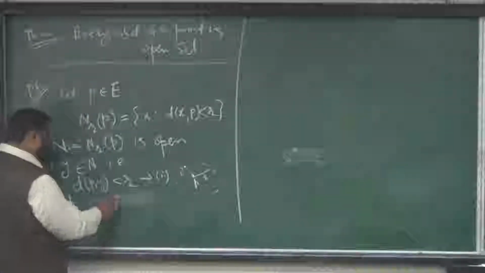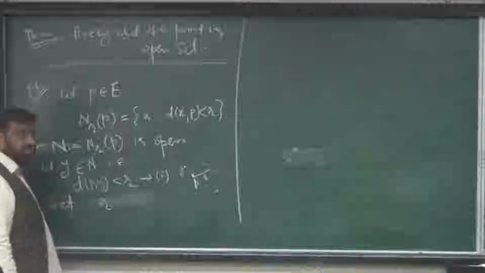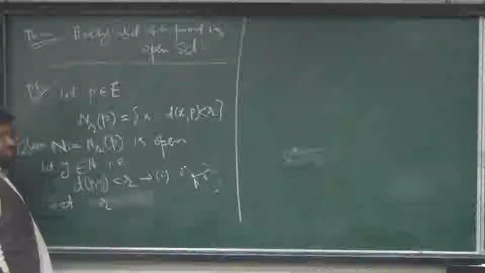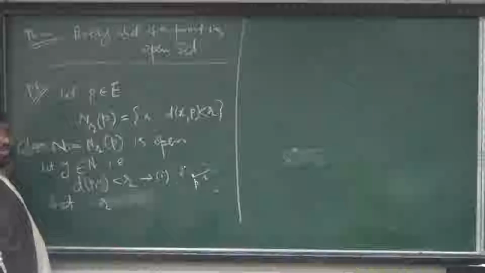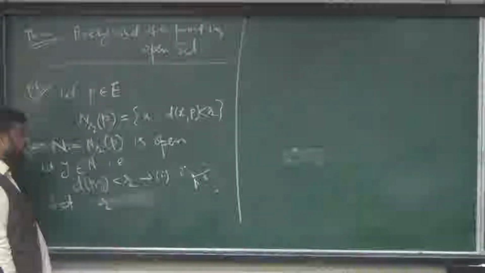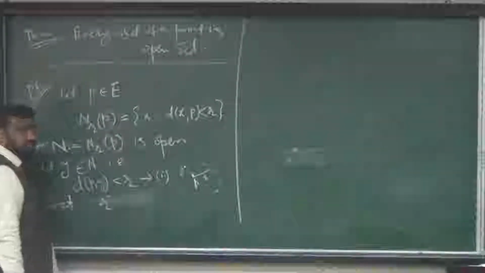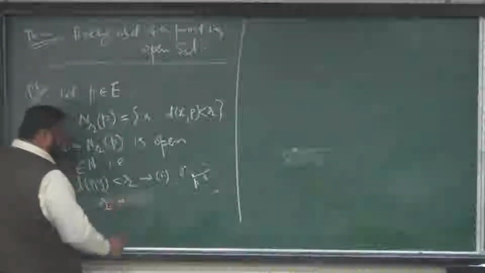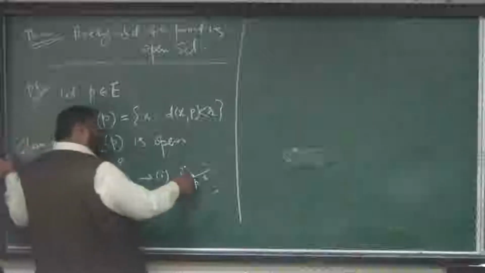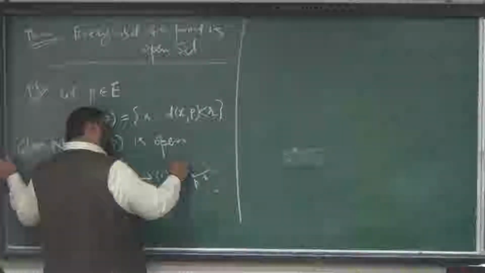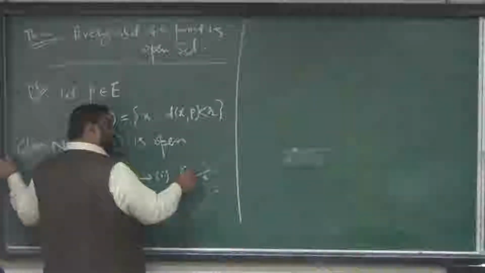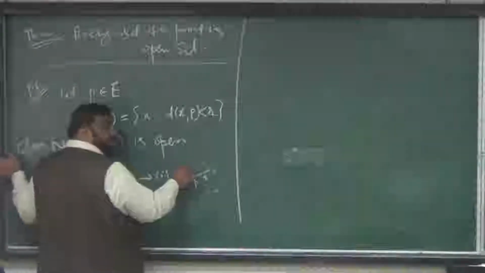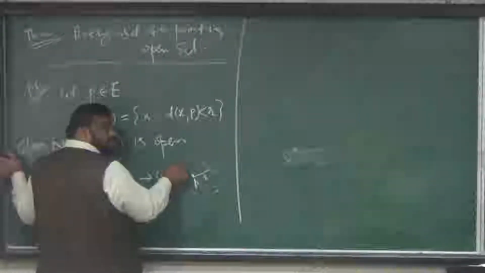So this number is what? You are giving me a number, a new radius actually. So let's call it R prime. And this R prime is what? From this total distance which is R, subtract out this distance. It's going to give me this distance.